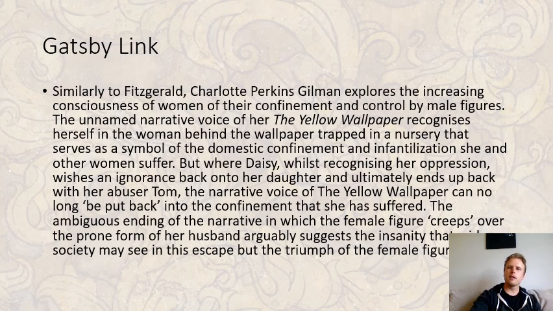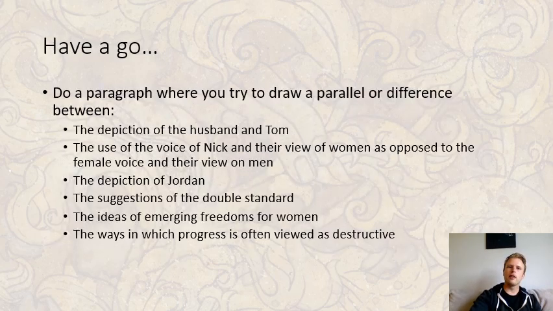The other thing I think would be really useful, and I'd like you to do today, is that there are other ways in which you could draw out parallels or differences here. You could do a paragraph that shows how in The Yellow Wallpaper there are potentially parallels and differences between Tom and the husband figure here. You could look at the narrative voice of Nick, and compare it to the female narrative voice here.